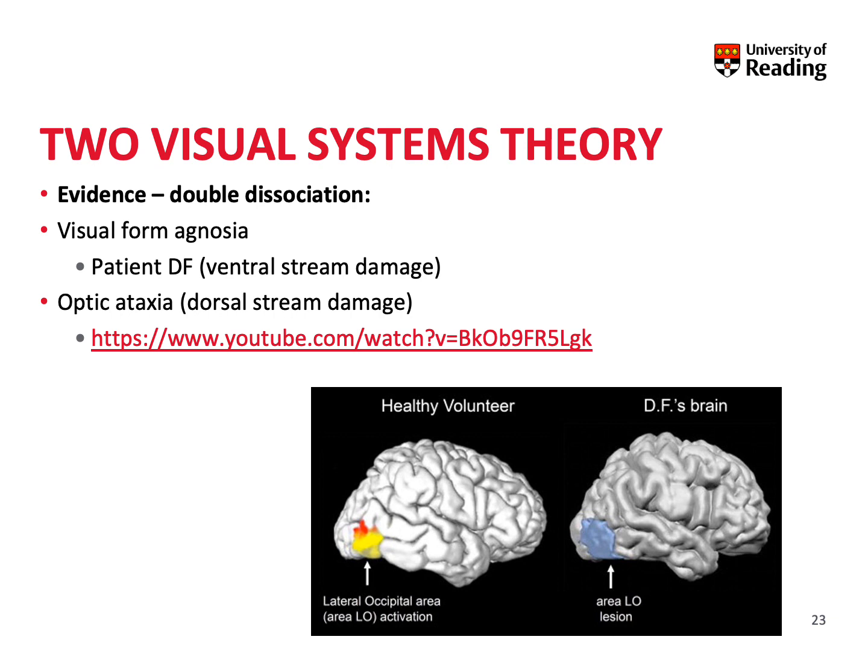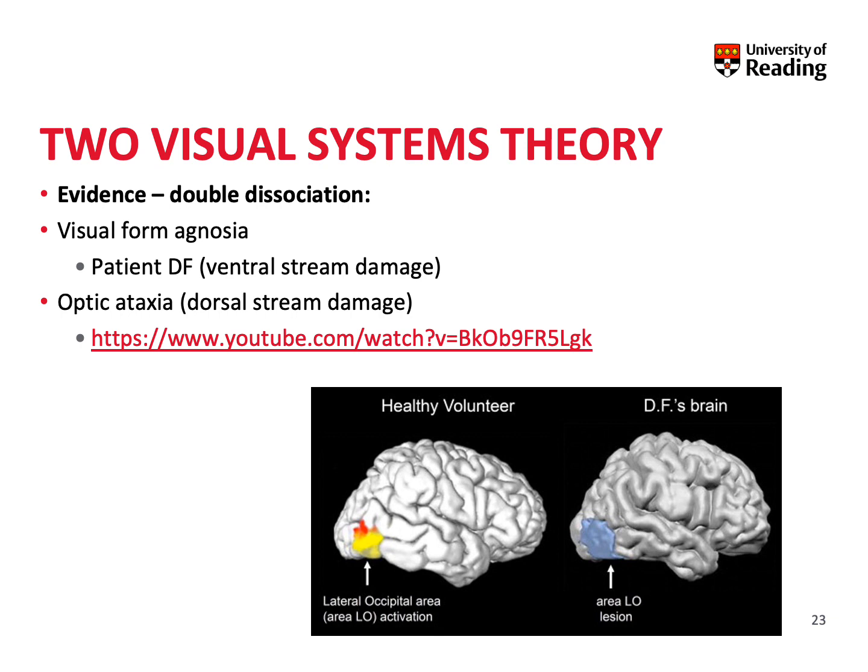So, the evidence for the two visual systems theory, or the most famous evidence anyway, is the following double dissociation. Both of the parts of this dissociation are to do with what happens when people suffer focal brain damage due to a stroke or other injury to the brain.